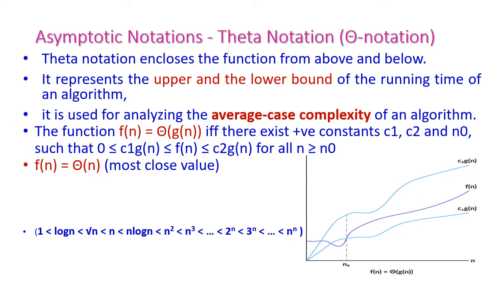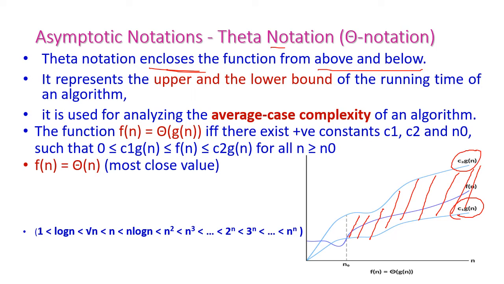The third notation is theta notation. Here the theta notation encloses the function above and below. See here, the g of n value lies between this region. This is C1 and this is C2, that is, this is the lower bound and this is the upper bound.